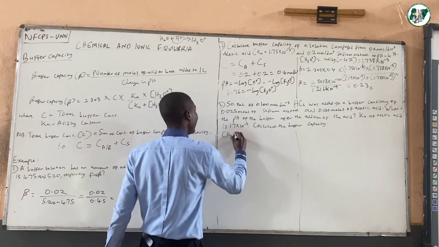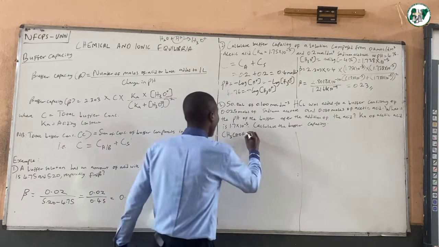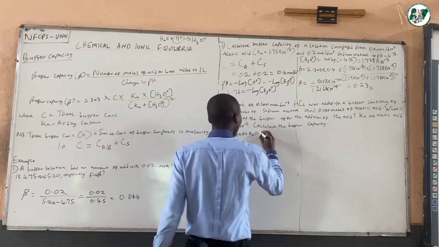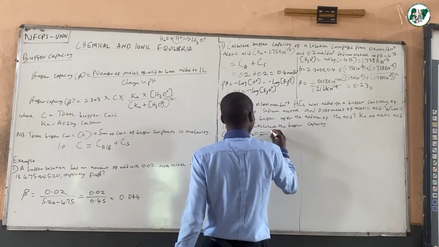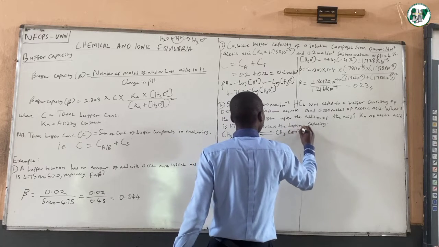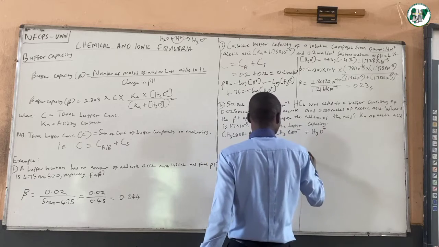We have CH3COOH plus H2O dissociating into CH3COO minus plus H3O plus.